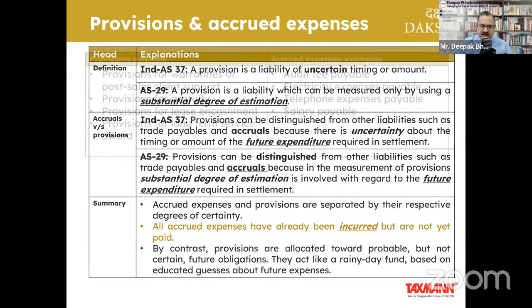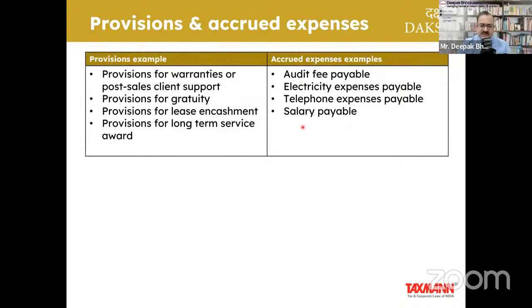So I have made some list of examples as far as provisions or accrued expenses are concerned. Provision for warranty, provision for gratuity, provision for leave encashment, provision for long service awards. These items are actually provisions. Gratuity provision and leave encashment provision are made purely on the basis of estimation.